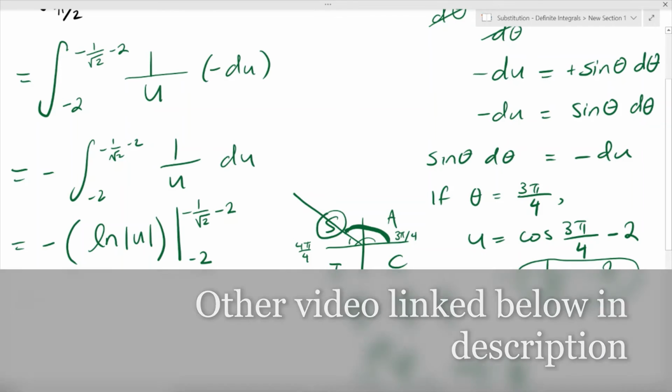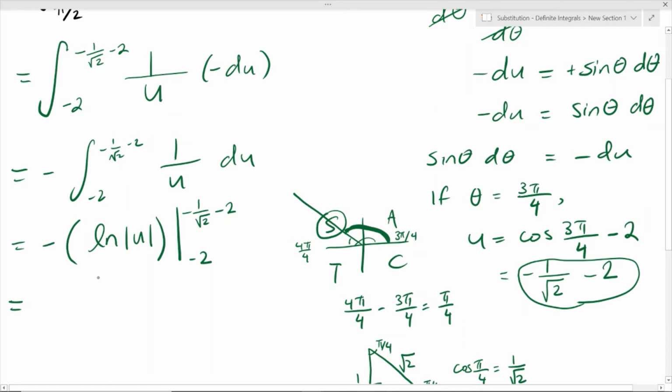So anyways, carrying on here, what we need to do next is substitute these values in for ln absolute value u. So we have the negative here, copy that. I'm going to write square brackets, ln absolute value u. First we must substitute the upper bound in for u, and then subtract ln and substitute negative 2 in for u here.